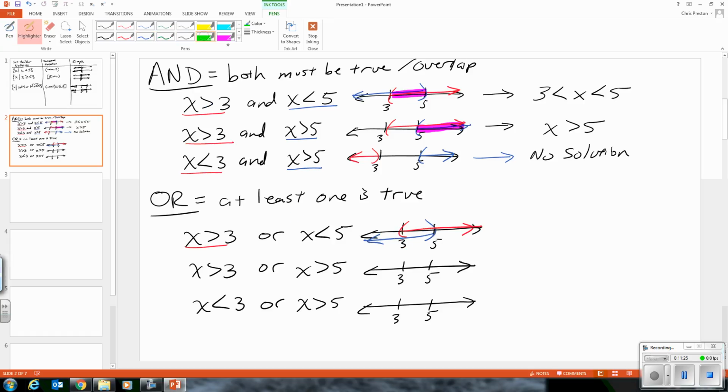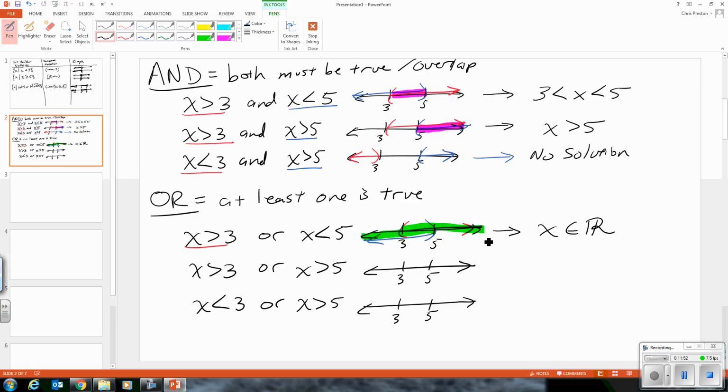Well, where is at least one of them true? Well, x is less than 5 here, or I should say, or x is greater than 5 here. Well, that is all real numbers. So x is an element of the real numbers.